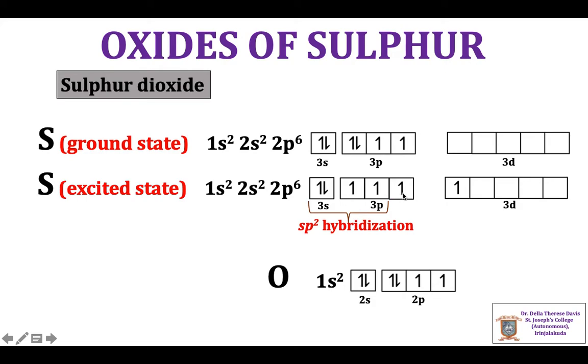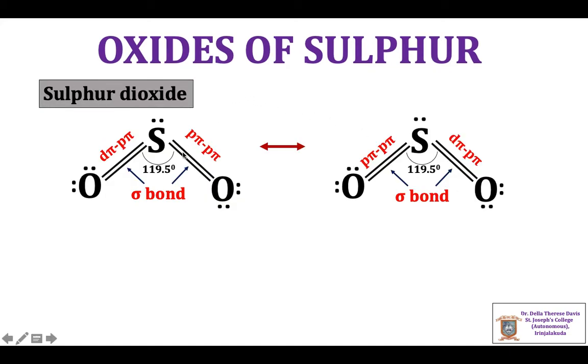There are 2 unhybridized orbitals of sulfur containing 1 electron each: one 3p unhybridized orbital and one 3d unhybridized orbital. The 3p unhybridized orbital forms a pi bond with the 2p orbital of 1 oxygen, and this bond is called p-pi-p-pi bond.